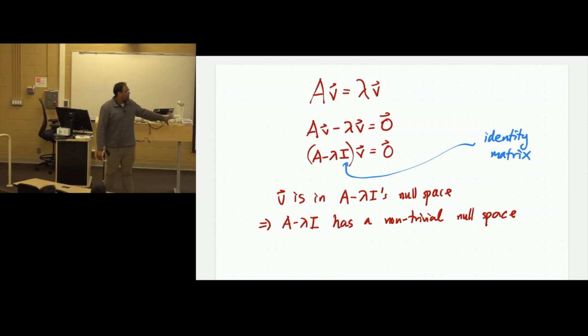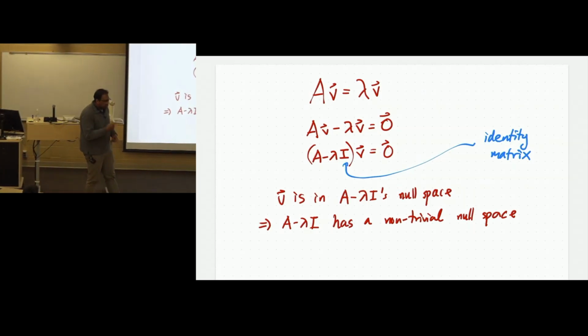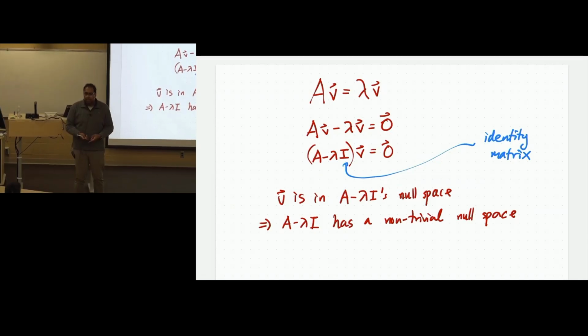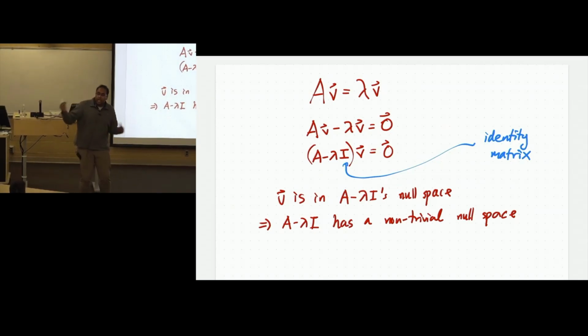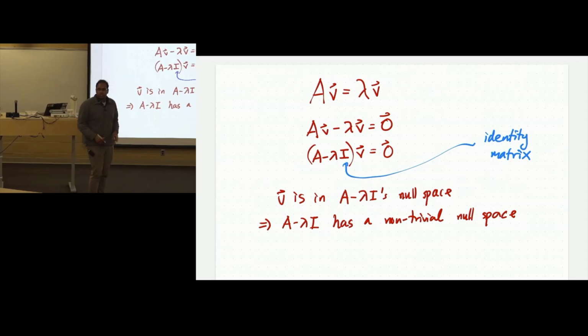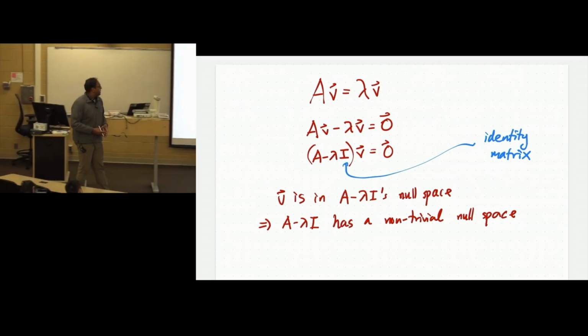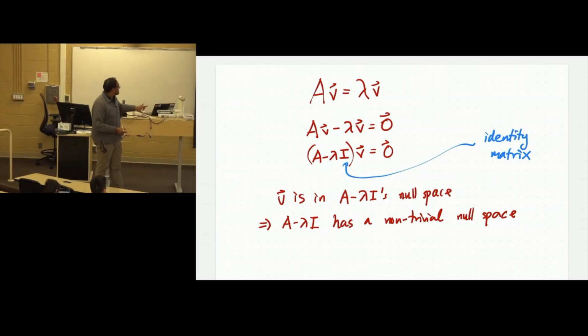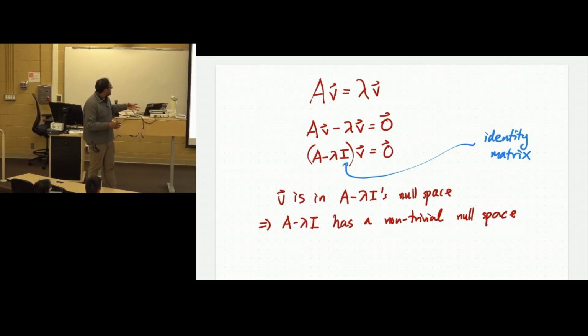So given that, if lambda is an eigenvalue and V is the corresponding eigenvector, and the fact that that implies that V is in the null space of A minus lambda I, and the fact that that implies A minus lambda I has a not useless null space, how can we try and find the lambda? It's true that the deduction of all of this is that if lambda is an eigenvalue, then A minus lambda I has a non-trivial null space. But what can we do with that?